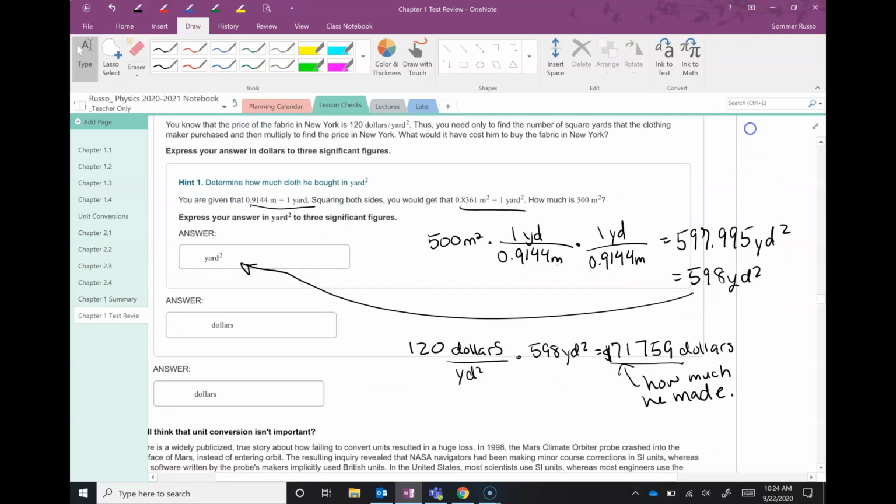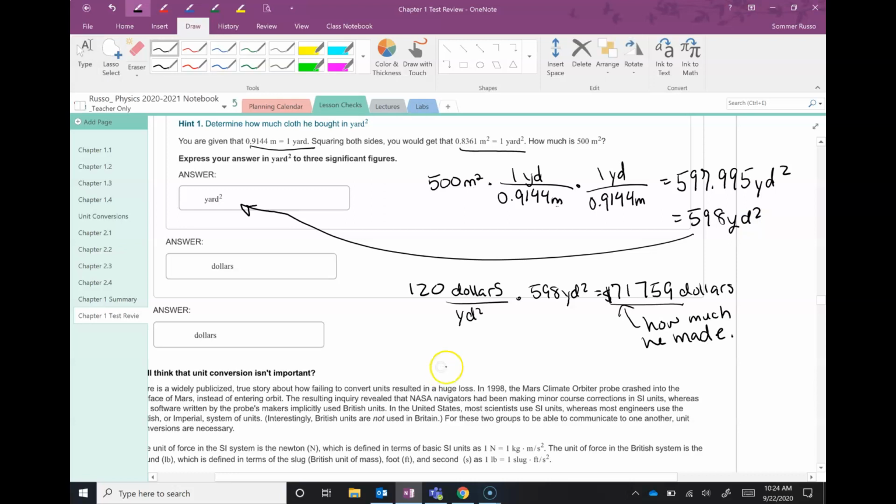So we are looking at $120,000 minus the 71. We got 3 sig figs, so $71,800. So 120 minus 71,800, and he lost $71,680.